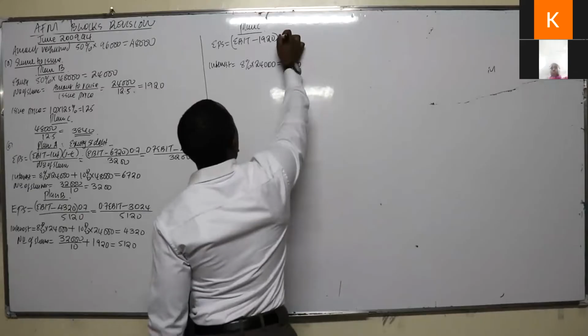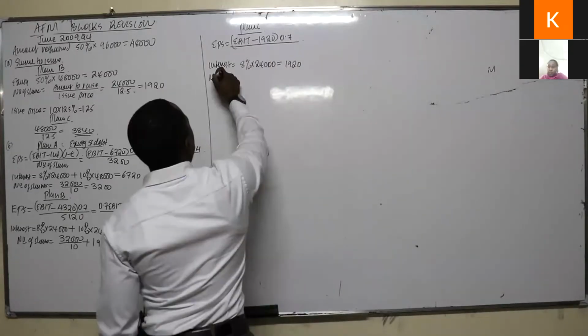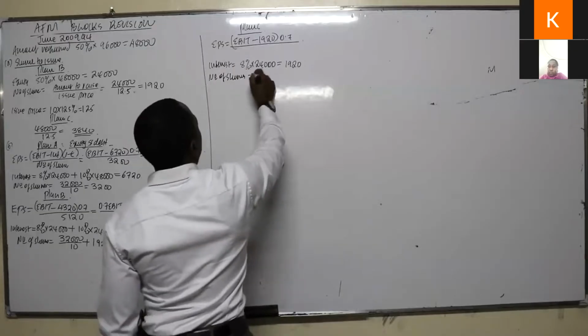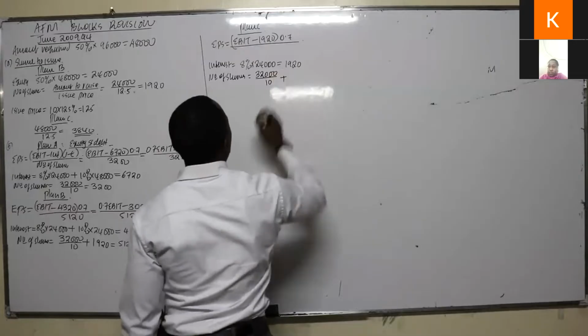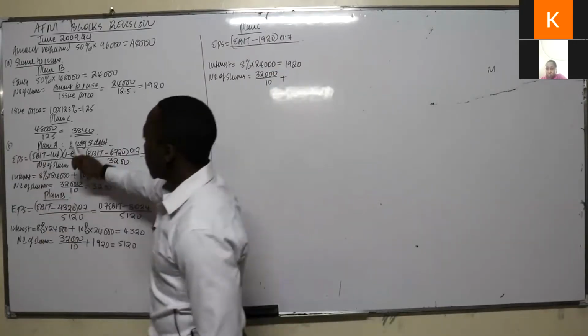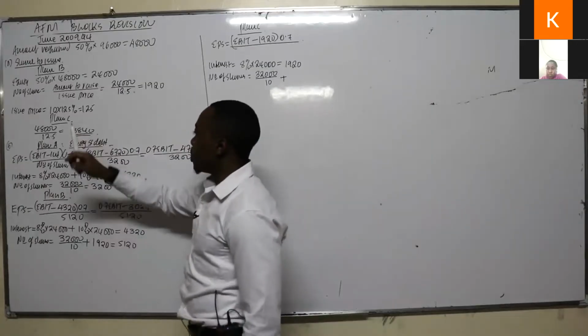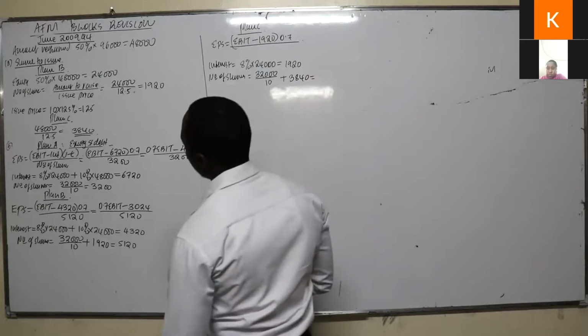1 minus t is 0.7. You divide by the number of shares. Current is 2,000. You divide by the par value to get the number of shares. Then plan C, in part A, we have computed the number of new shares to issue. And plan C, we have to issue new 3840 shares. So now we'll be having a total of how many shares?